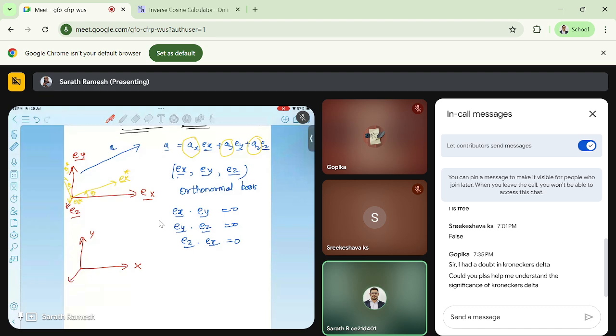Like here it becomes x dash, y dash, with rotation theta. Will it be the same, 2Ex dash plus 3Ey dash? No, it will be different because now my basis is changing. It's like changing the way of representation.